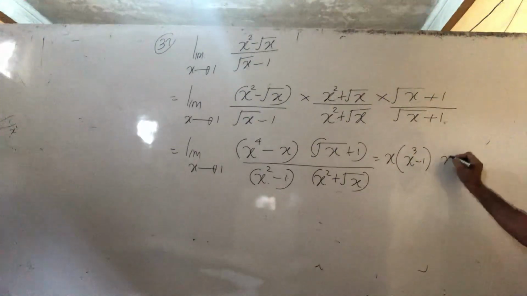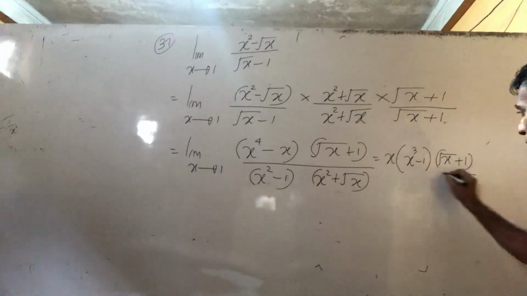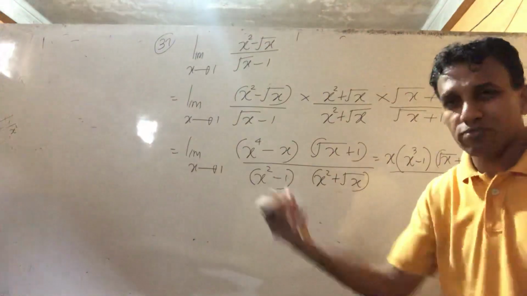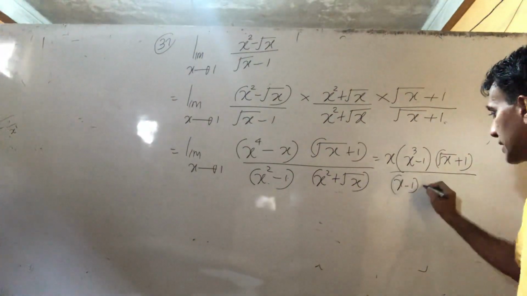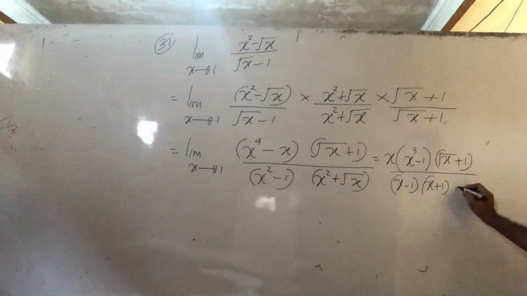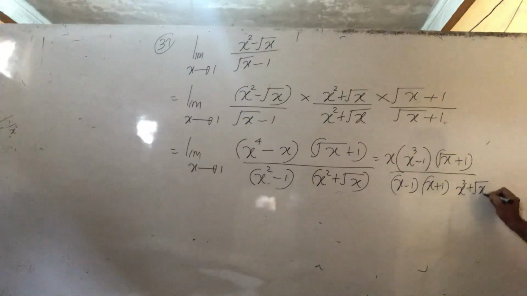And here root x plus 1. This also can be factorized: x square minus 1, your favorite primary work, x minus 1, x plus 1, and x square plus square root x.